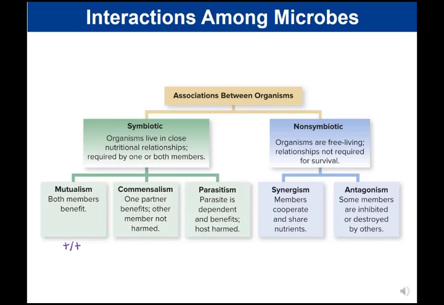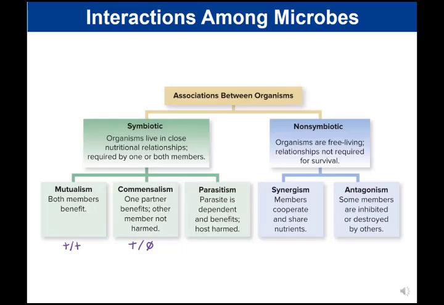We also can have what's called commensalism. In commensalism, one partner benefits, so it's positive, and there is no effect on the other. The other member of this interaction doesn't benefit from it, and it's not harmed by it. It doesn't really affect the other organism.